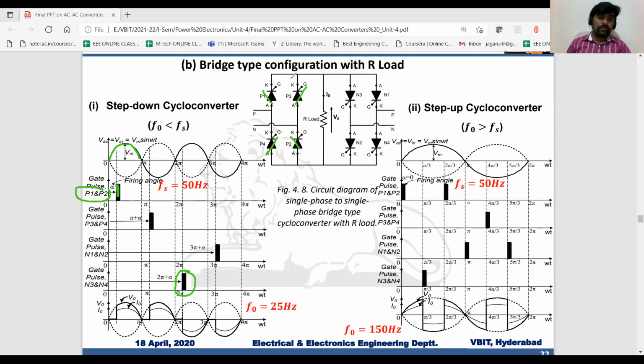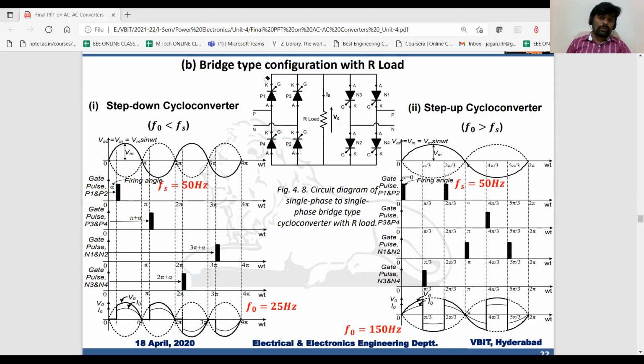During the negative half cycle, P3, P4 will be in forward bias condition, whereas P1, P2 will be in reverse bias condition. In a similar way, in the second bridge, N1, N2 will be in forward bias condition and N3, N4 will be in reverse bias condition. That is what we discussed during the class session, right?